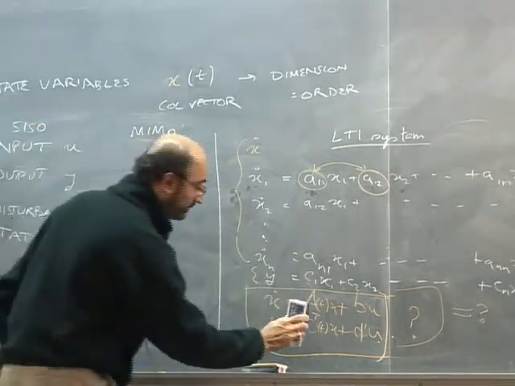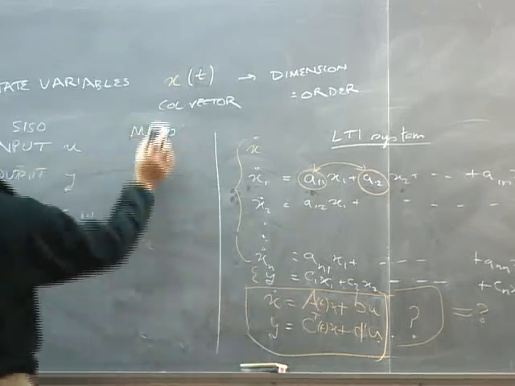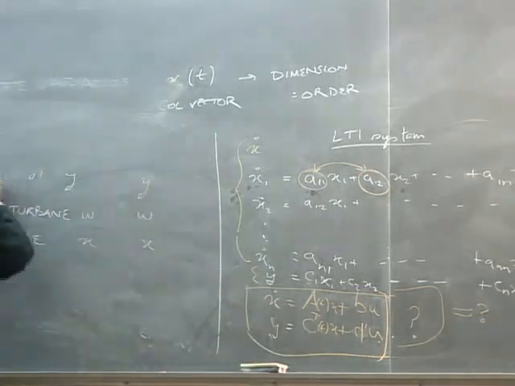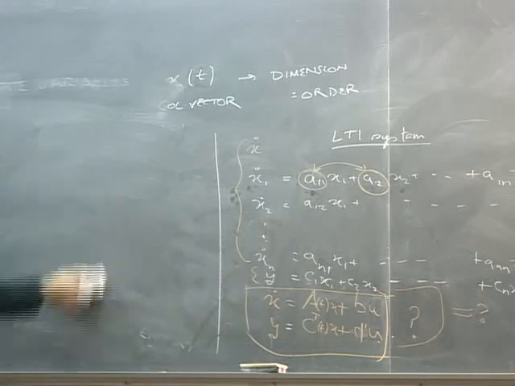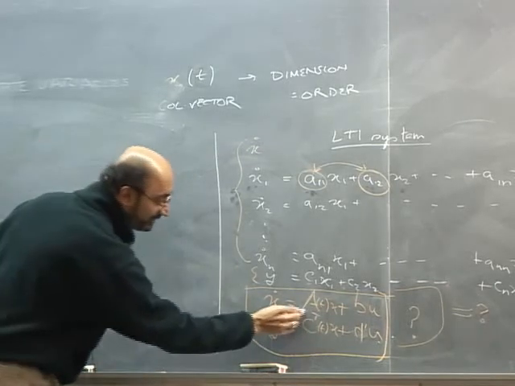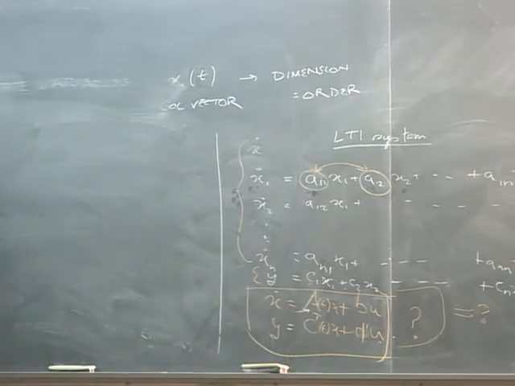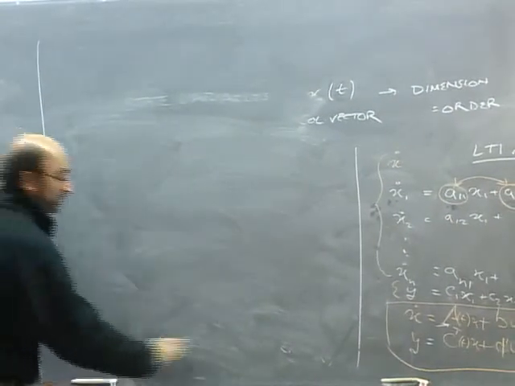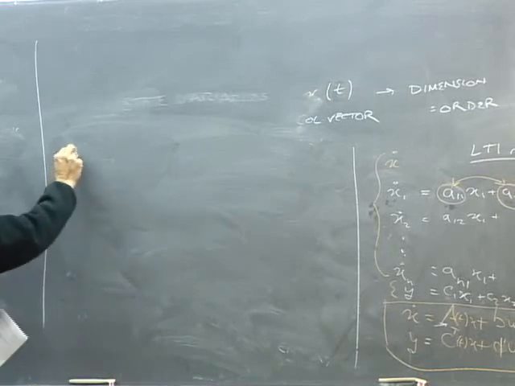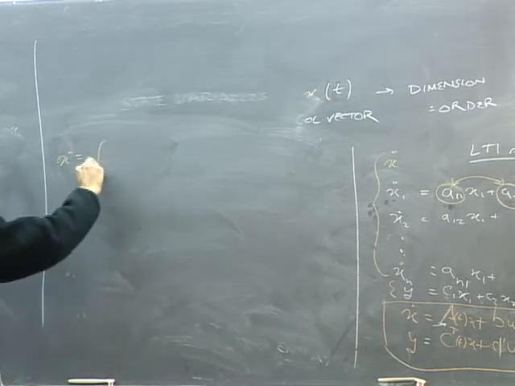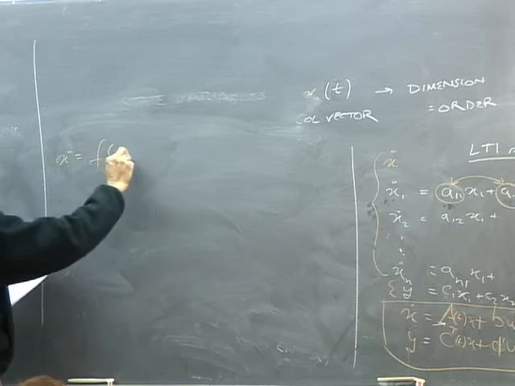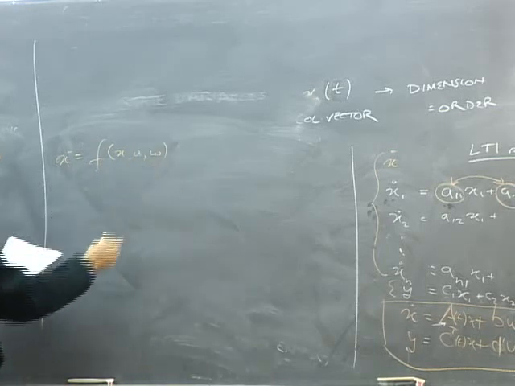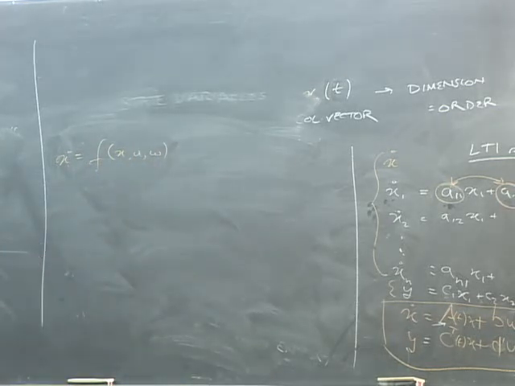To be more precise, if I choose this representation, I have a linear form. This is a time varying linear form. And if I choose this variable representation, x dot equals some vector function f of x, u, w, then this is the most general form. f can be nonlinear as well.